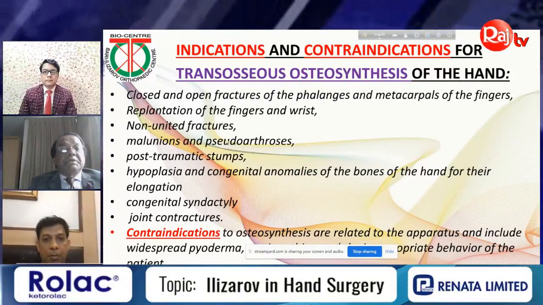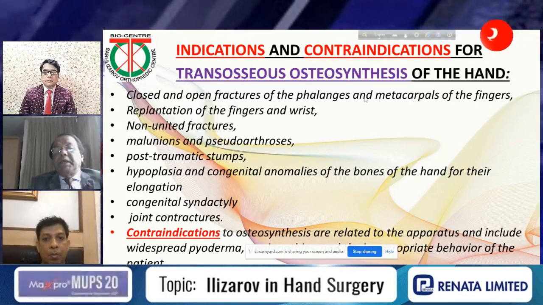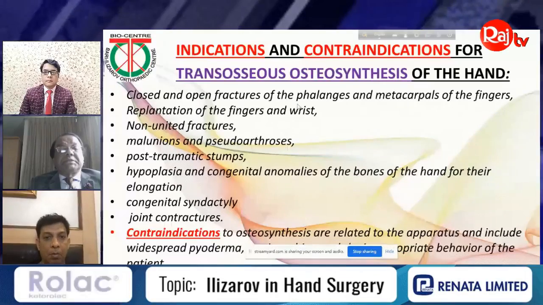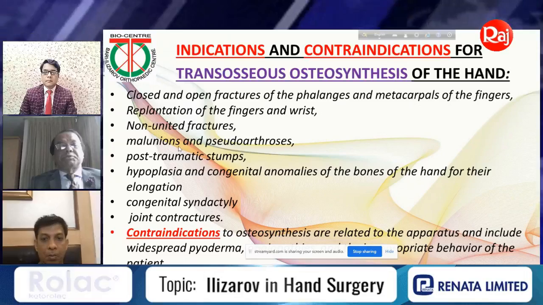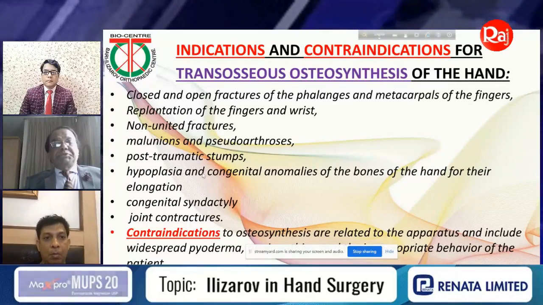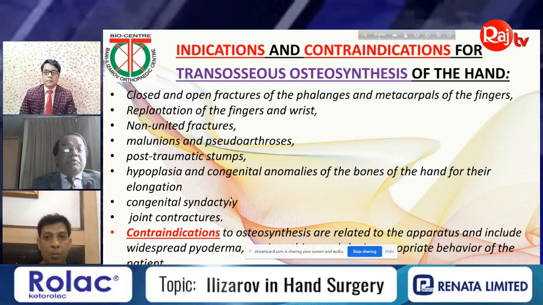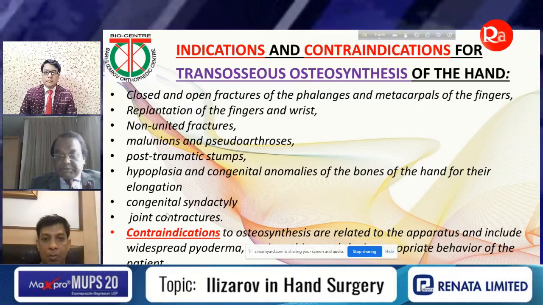You can see here indications: closed and open fracture of the phalanges and metacarpals of the fingers, replantation of the fingers and the wrist, non-united fractures, malunions and pseudarthrosis, post-traumatic stumps, hypoplasia, and congenital anomalies of the bones of the hand for their elongation, congenital syndactyly, joint contractures.